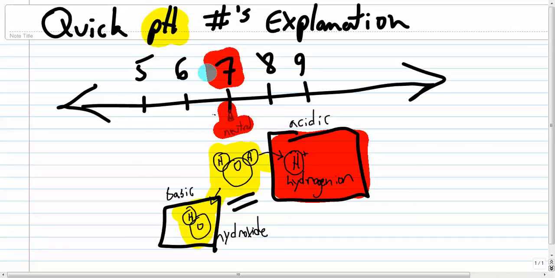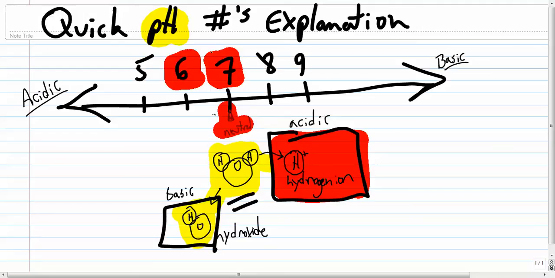For example, going from a 7 to a 6. And let's do that first. So it might sound kind of counterintuitive, but if you go from a 7 to a 6, you're actually becoming more acidic. So as the numbers get smaller, you've got a stronger and stronger acid, and as the numbers get bigger, you've got a stronger and stronger base.